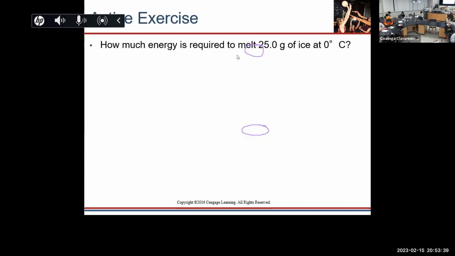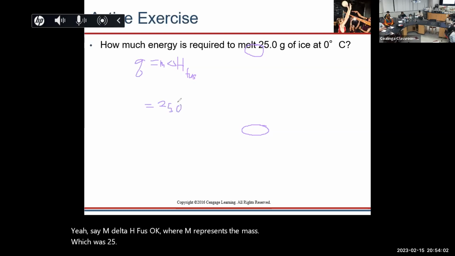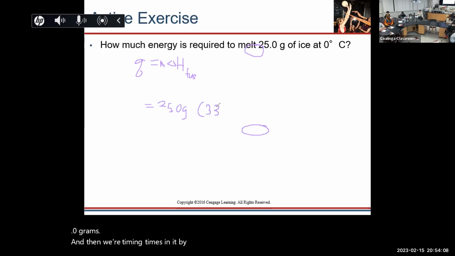So we have Q equals M delta H plus, where M represents the mass, which was 25.0 grams. Then we're timing it by 333 joules per gram. Our grams are going to cancel out, and we're left with just joules.